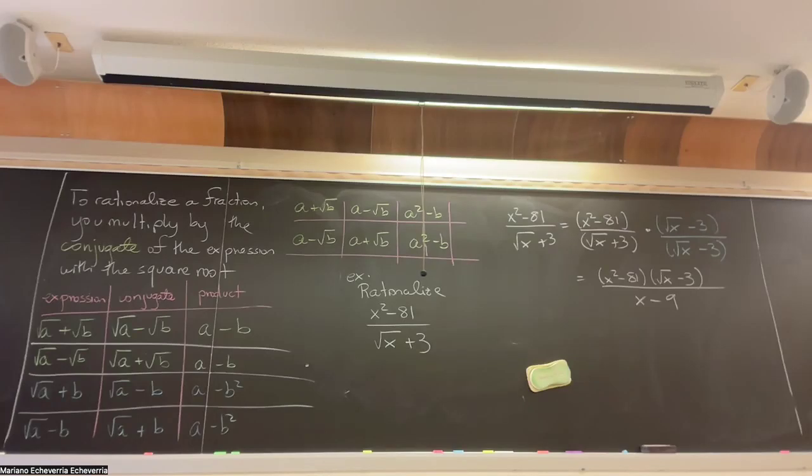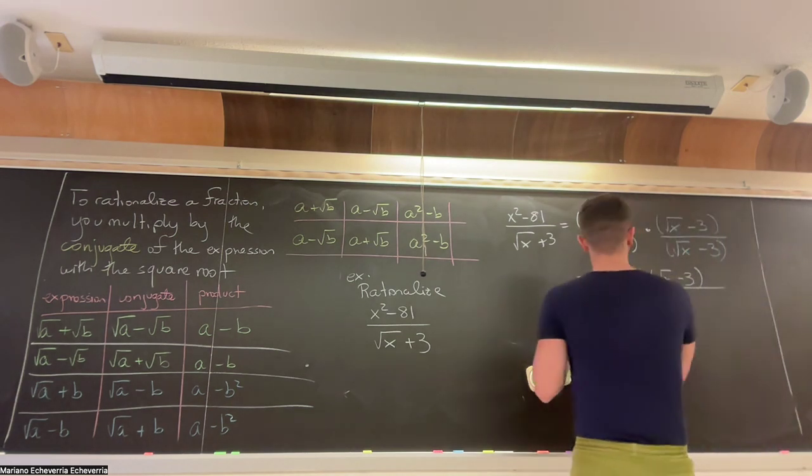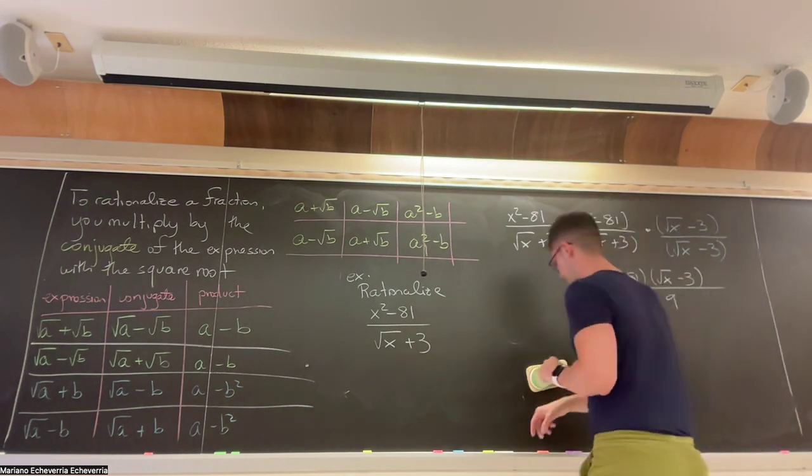And okay, what is the advantage of doing this? For example, this can be even further simplified because you can actually apply the difference of squares formula to x squared minus 81, right? Because 81 is 9 squared. Let me use a different color. I can use orange.